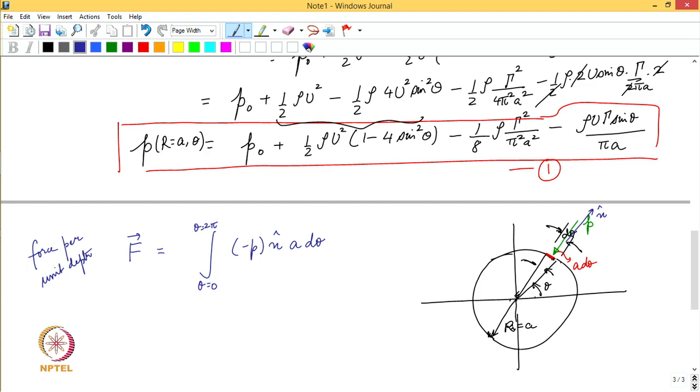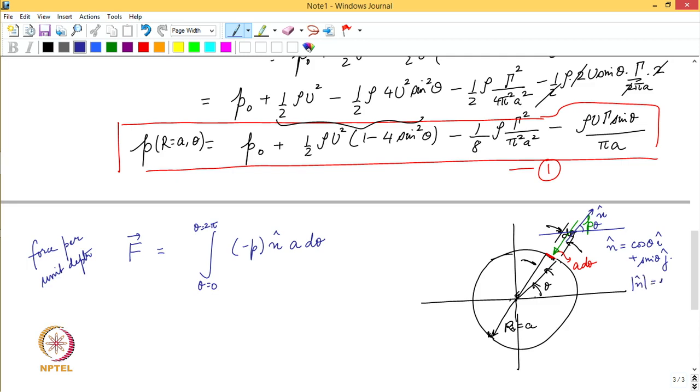Well, we use one more fact here, that since the element is at an angle of theta from the x axis, clearly the normal vector would also have components given by cosine theta i cap plus sine theta j cap, knowing that the normal vector is a unit normal.